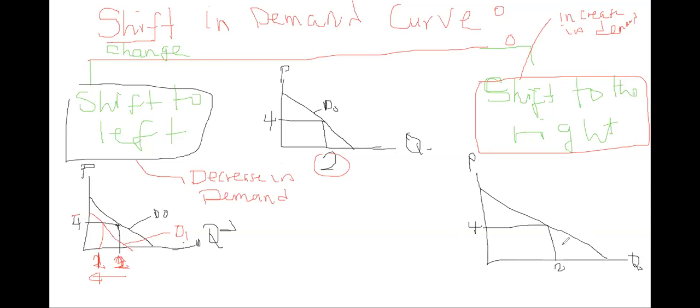Let's say for some reason something happened and the demand shifts to the right, like this. Remember, this curve is our original demand curve, D0. So here the demand shifts and it will extend here. Our new quantity demanded will be 3.